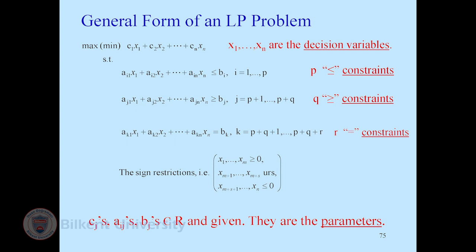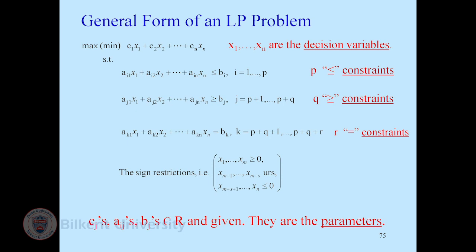So x's are my decision variables. I'm in dimension n, so I have n decision variables. I have less than or equal to, greater than or equal to, or equality constraints. They're all fine. And my variables are less than or equal to, greater than or equal to, or unrestricted in sign. URS means unrestricted in sign, especially for data fitting and statistics examples.